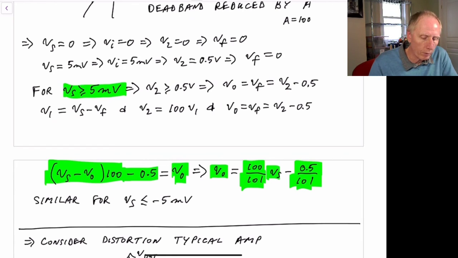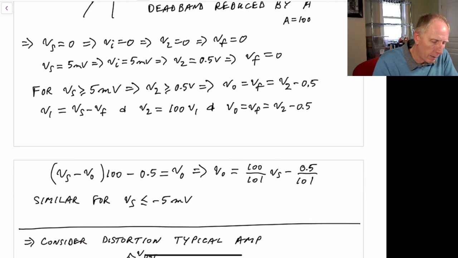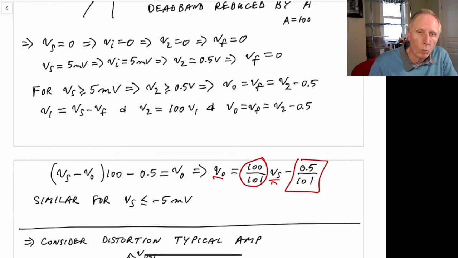We can see from this equation that Vout is almost exactly equal to Vs, by subtracting 0.5 divided by 101, so subtract 0.005. So it's very, very close. So when Vs goes to 1, Vout doesn't become 1, but it becomes 1 minus 5 millivolts, which is almost 1.